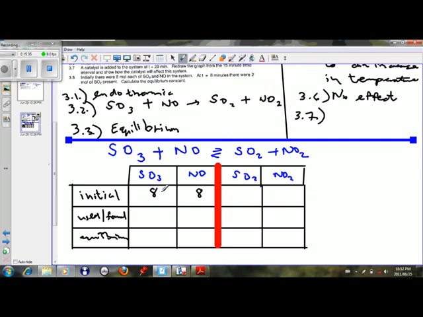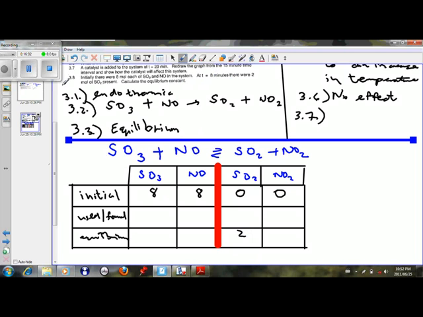This is what we put into the container, which implies that there was no SO2 and no NO2 in our reaction vessel unless it was stated in the question. At 8 minutes, there were 2 moles of SO3 present. So at equilibrium, we can say there were 2 moles of SO3 present. Now this is all that is given, and they are asking us to calculate our Kc from here.